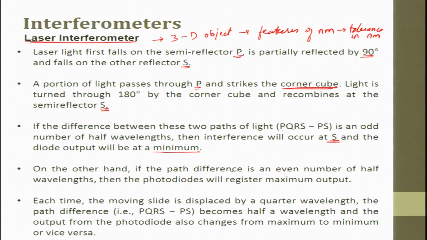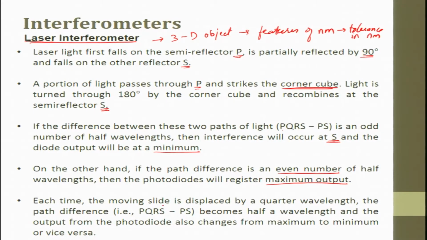On the other hand, if the path difference is an even number of half wavelengths, then the photodiode will register a maximum output. So, bright, dark, right, fringe patterns. So, we get minimum and we get maximum.